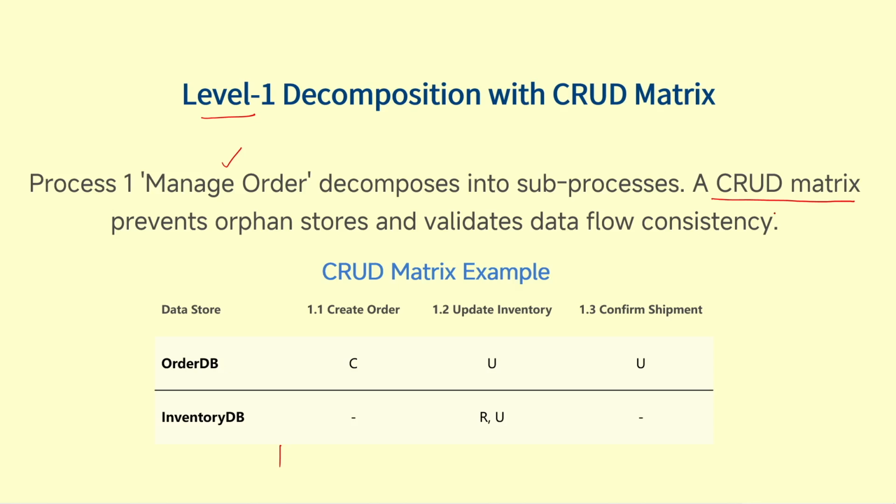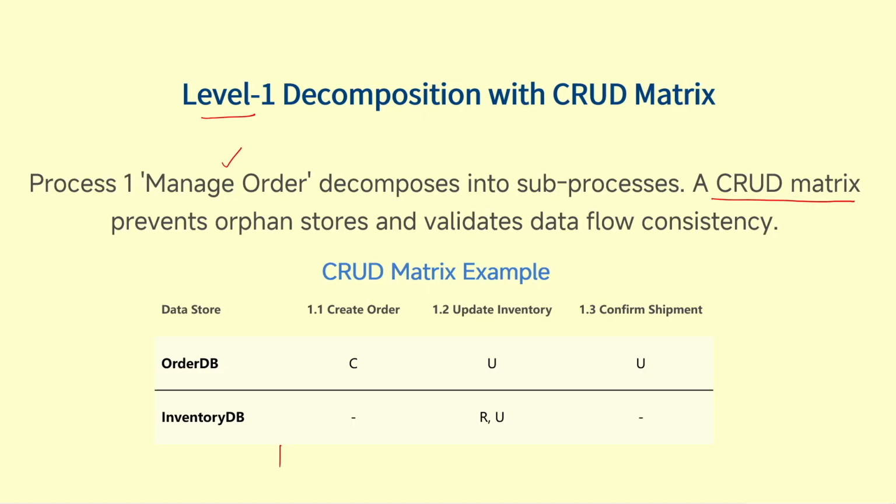This is the matrix with which we identify what actions a corresponding sub process can have within that software. When we do this, it prevents orphan stores, it validates the data flow, and there will not be any inconsistencies. Just take this as an example.